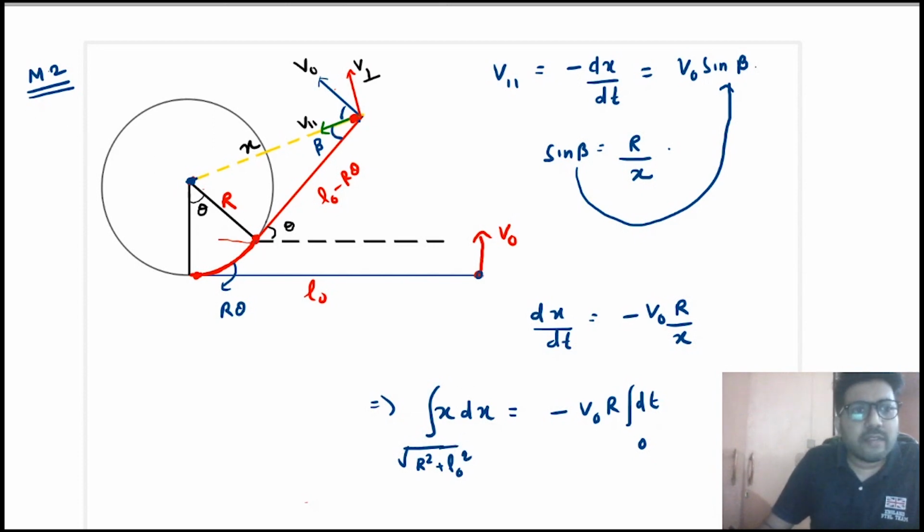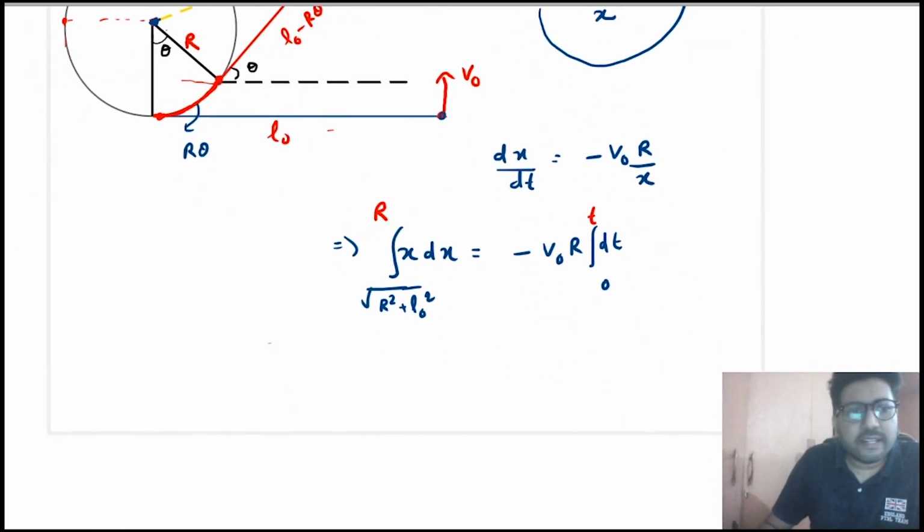Now at t equal to time t, what will happen? The thread will completely get wrapped around the cylinder. When the thread gets completely wrapped around the cylinder, finally the distance between the disk and the center of the cylinder will become r. So if you integrate this, you will get x square by 2 is equal to minus v0 r t.